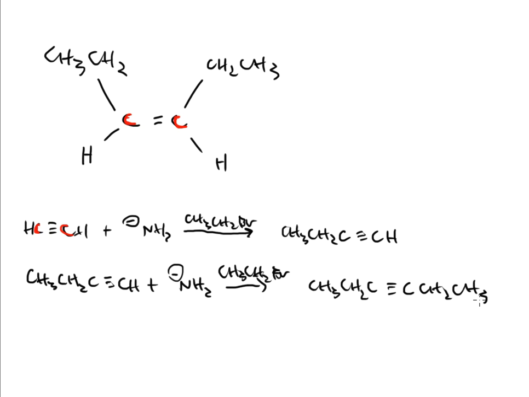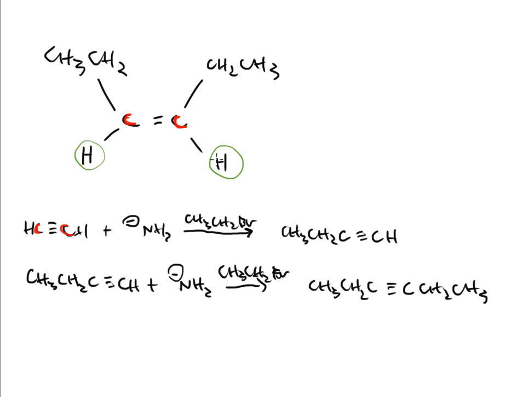Now I'll take that triple bond. I need to break it to a double. So if I just break it to a double and don't add anything else on, then I can just simply do that with hydrogens, right? And that's what's represented in the picture from up above, hydrogens. Those hydrogens, though, are on the same side of the molecule.